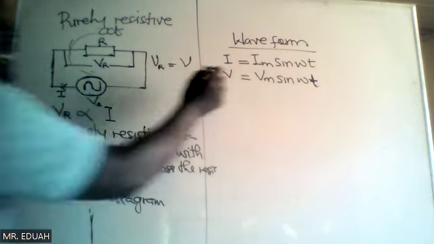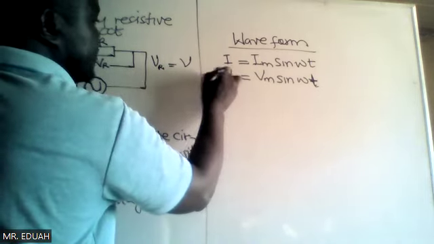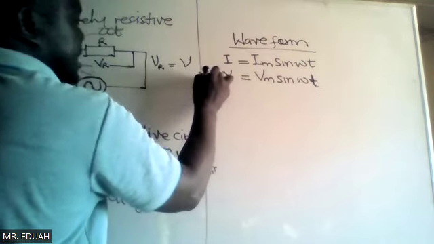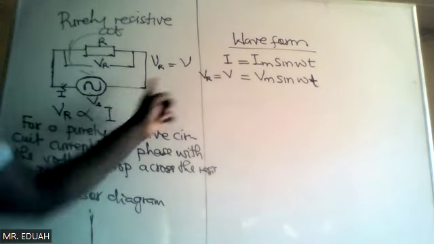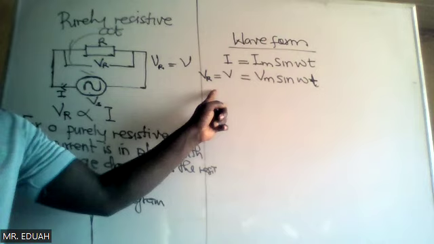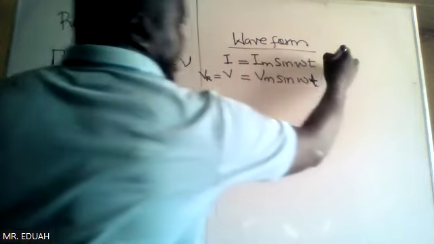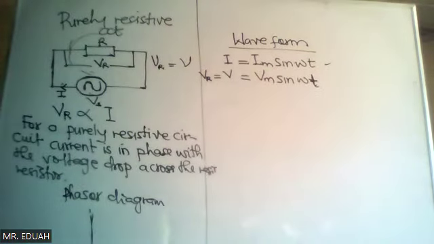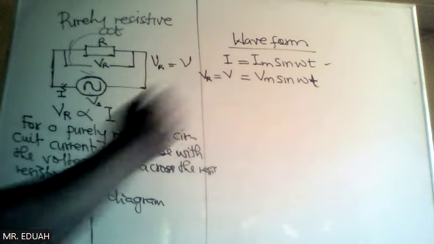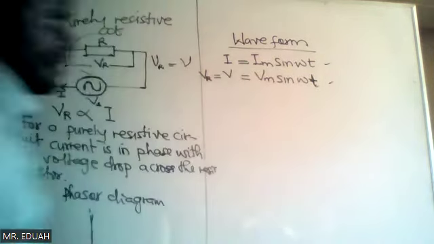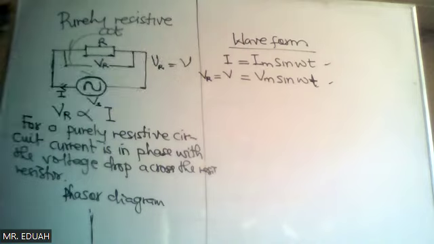So the instantaneous voltage representation is simply the same as the voltage drop across the resistor. This is the harmonic function for the current. This is the harmonic function for the voltage drop across the resistor.